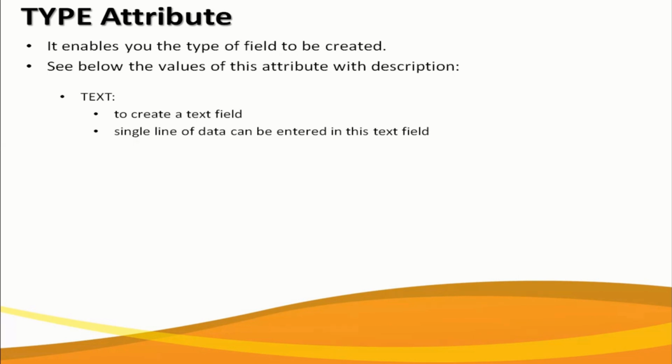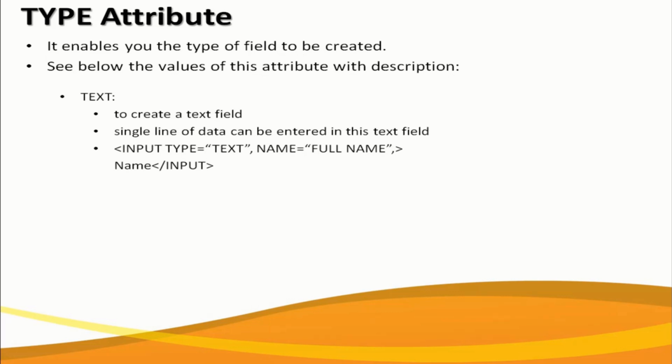What syntax do we have to write for this? See it. First, start the input tag, then use the type attribute and its value will be text. Then we want to specify a name for this field, so use the name attribute and give a value according to your choice.